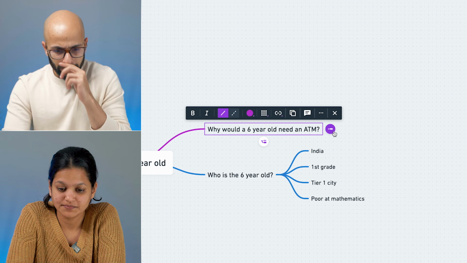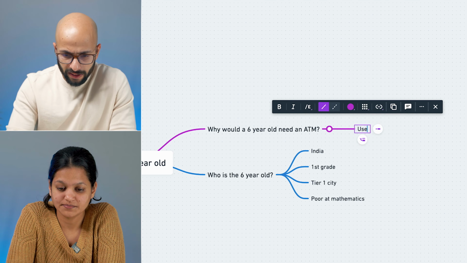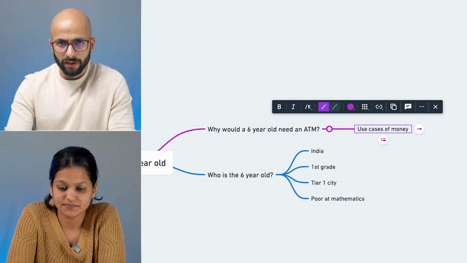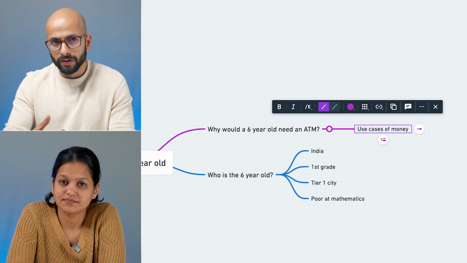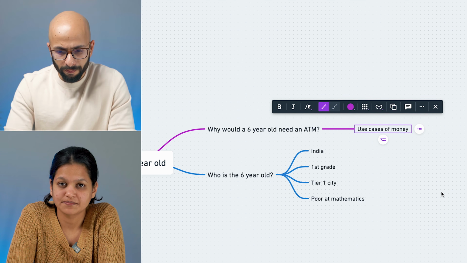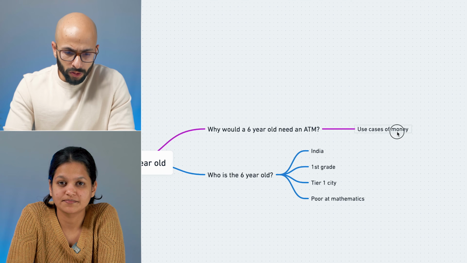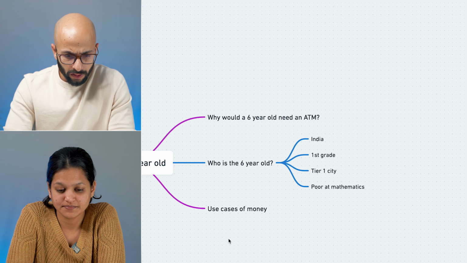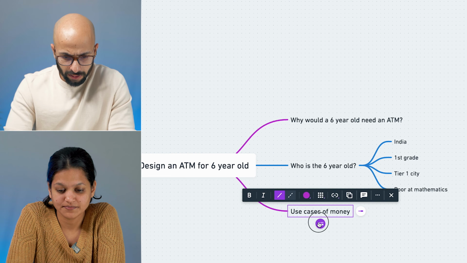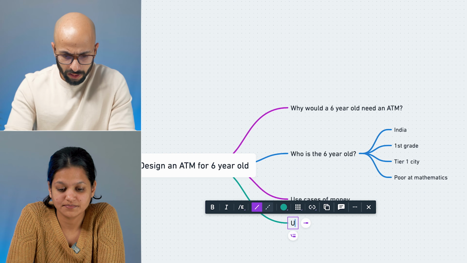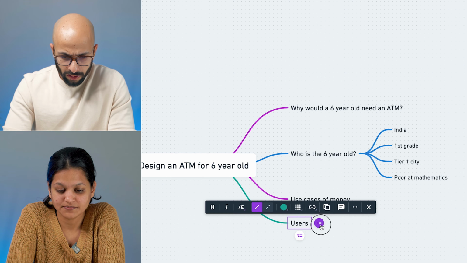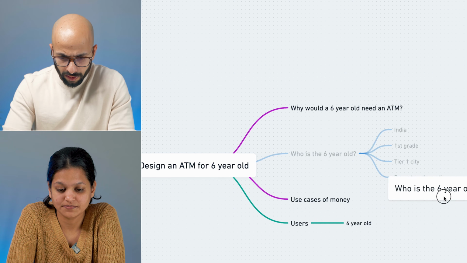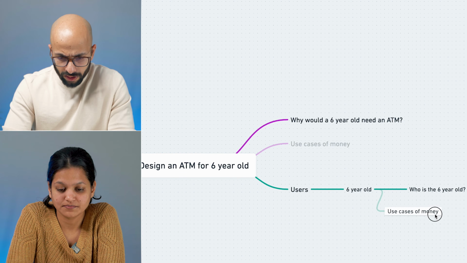Let me just list down some use cases of money, because the end job of an ATM is to give me money. So when I think about use cases for the 6-year-old, let me just put this down. 6-year-old, use cases.